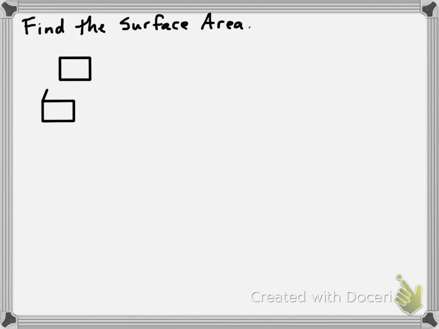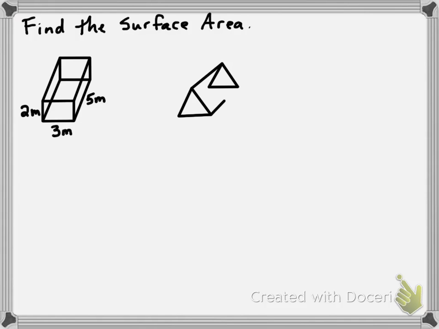Alright, so now let's see if you can do some. So you're going to find the surface area of the following figures. Okay, we have a rectangular prism that's 2 by 3 by 5.